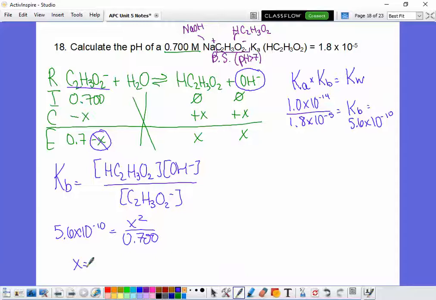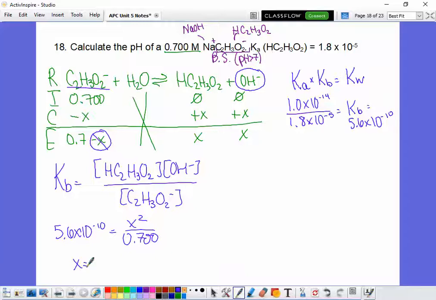So when you're given a problem like this, an easy way to know that you have a salt is that, for example, here, we're given a basic salt. Whenever you're given a basic salt, you'll always be given the Ka for the weak acid that helps form that salt. And if you're given an acidic salt, you'll be given the Kb for the weak base that helps form that salt.